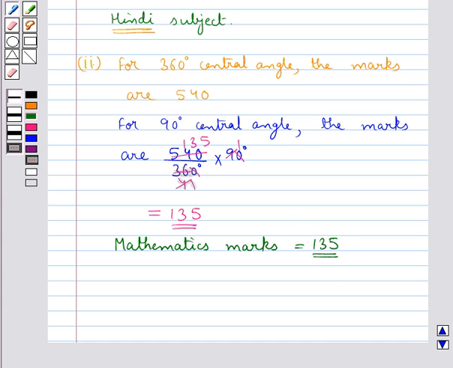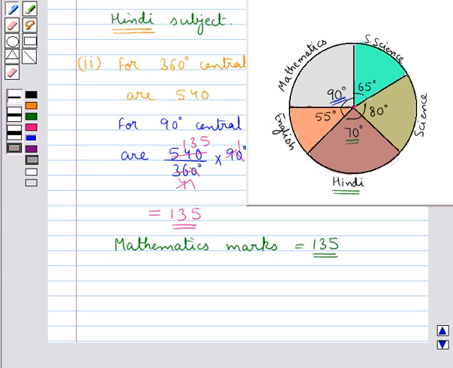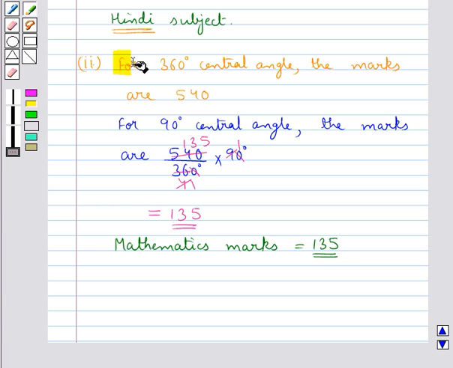In the same way, we will find out the Hindi marks. Let's see the central angle for the Hindi subject in the pie chart. As you can see that 70 degrees is the central angle for Hindi, and also that for 360 degrees central angle, the marks are 540.